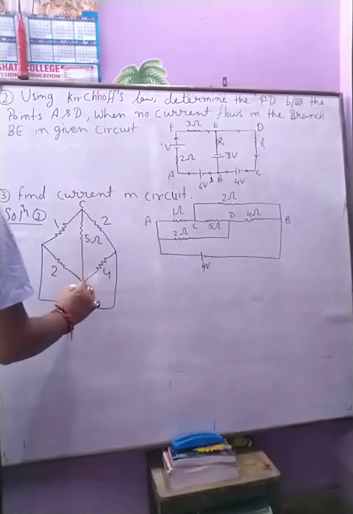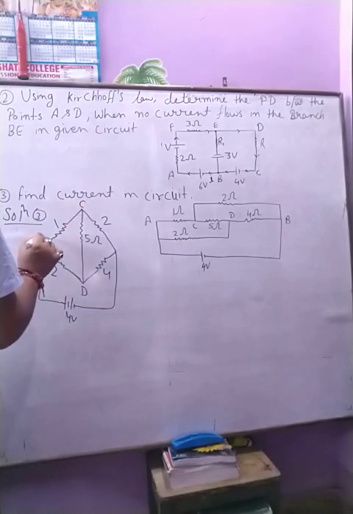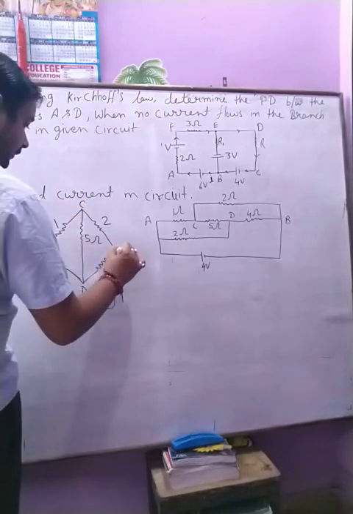This is C and D. This we mark as A and B.